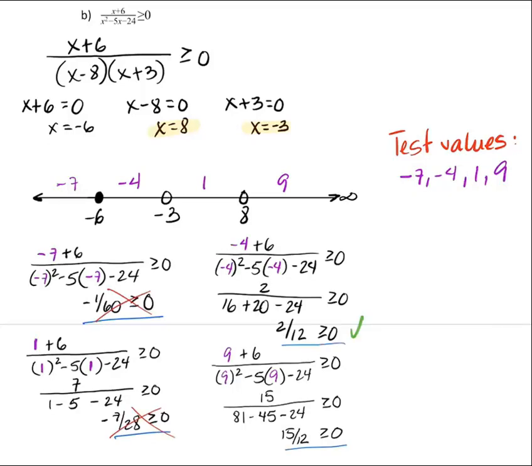Since the test points from these 2 regions are the ones that satisfy the inequality, these regions are part of the solution. So the solution to this inequality is all numbers between -6 and 3 and all numbers between 8 and infinity.